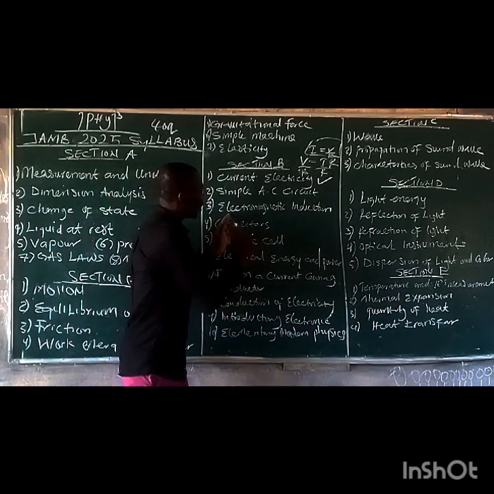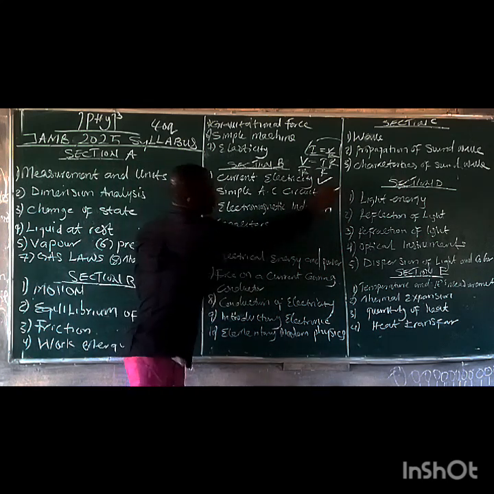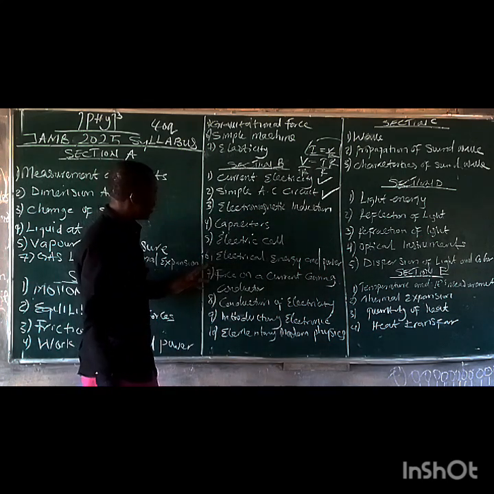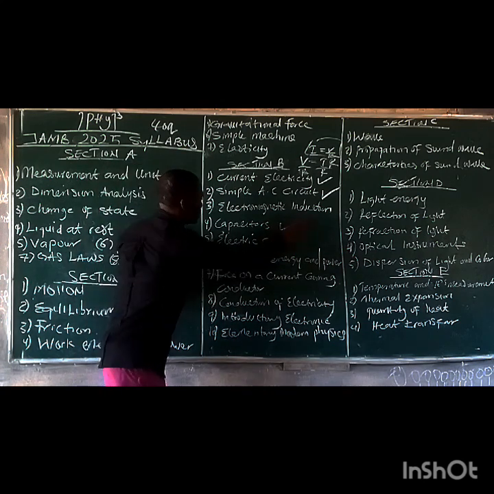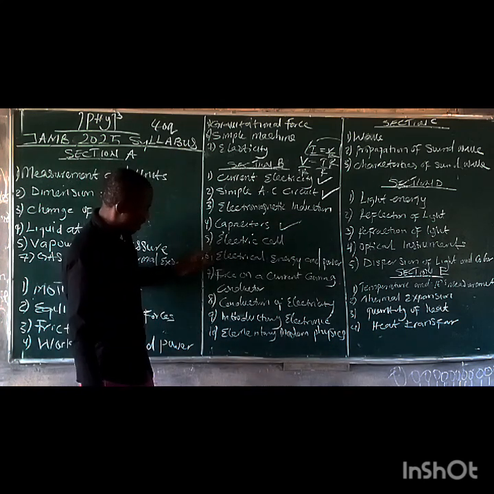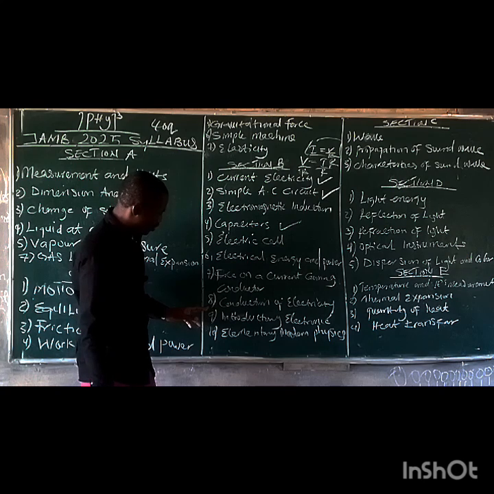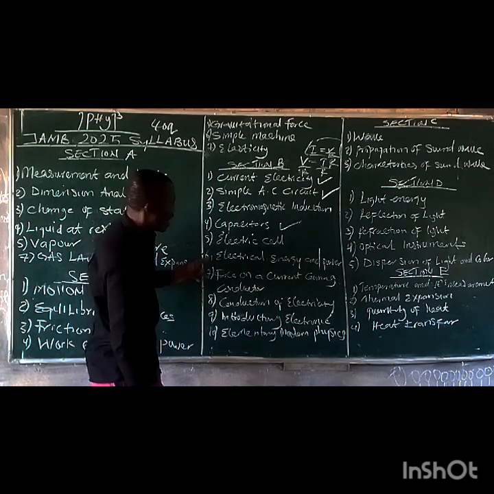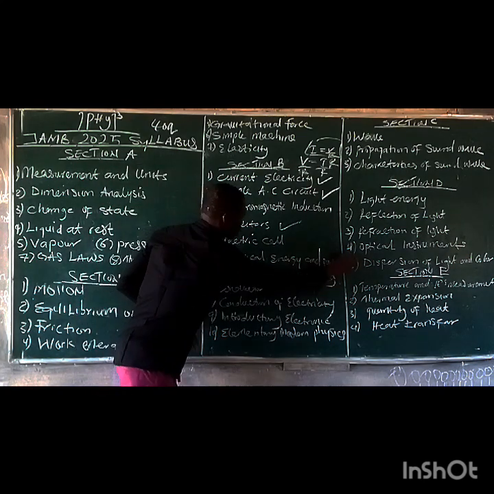Questions usually come out from here, and then you look at capacitance, questions come out from here. And then you look at electric energy and power, questions come out from here.